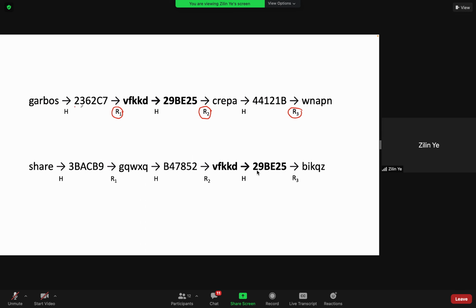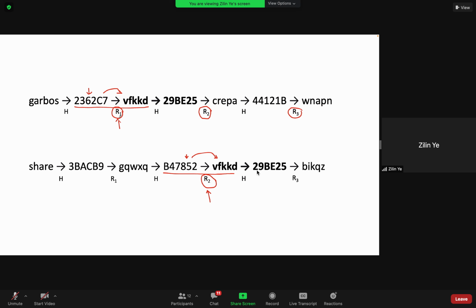If a collision happens here, like I have this hash value that has been mapped to this plaintext, and here I have another hash value that maps to the same plaintext, because the reduce function we are using is different, this is for the first iteration, and this is for the second iteration. So because of that, we are reducing the possibility of the same collision happening at the same time.